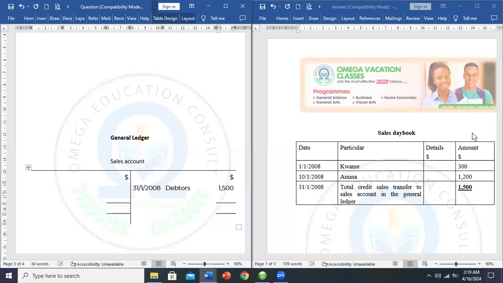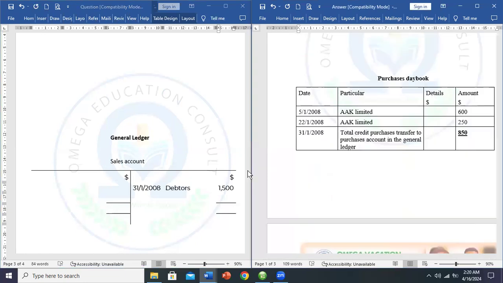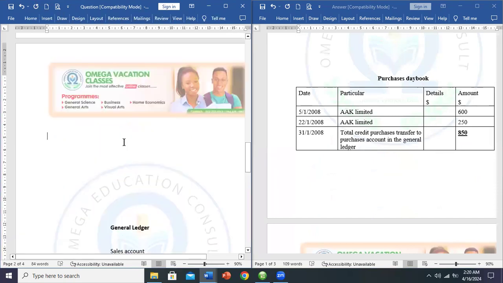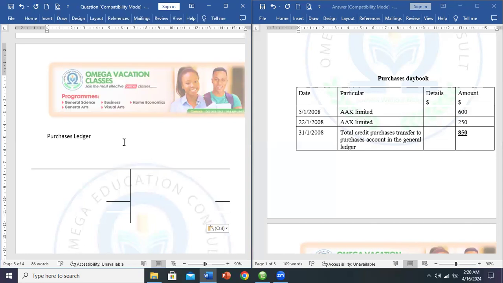Then we move on to the purchases daybook. And that one should be in the purchases ledger. So let me create my purchases ledger. And in my purchases ledger, I need to open an account for AAK.